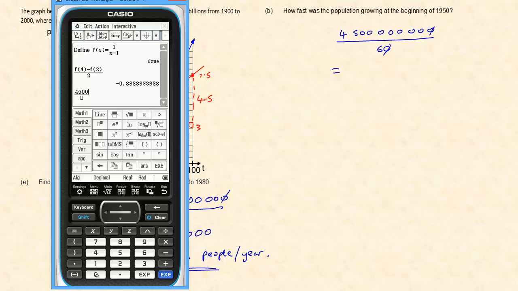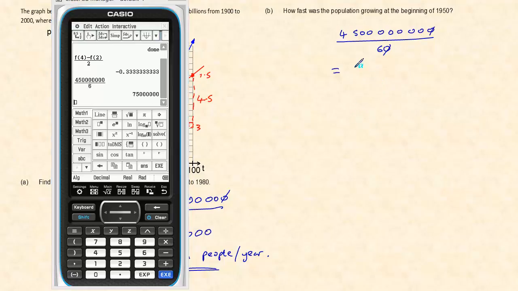Divide that by 6, and that gives us 7, 5 with 6 zeros. So that is 7.5. Hold on a second. 75 million people per year.